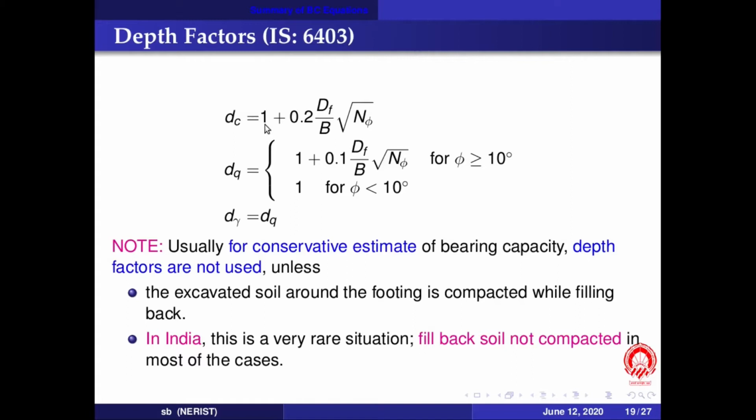But for conservative design, usually we do not use these depth factors, because unless the soil excavated for foundation construction is filled back and properly compacted, the increase of bearing capacity due to the depth of foundation should not be considered as a conservative design measure.